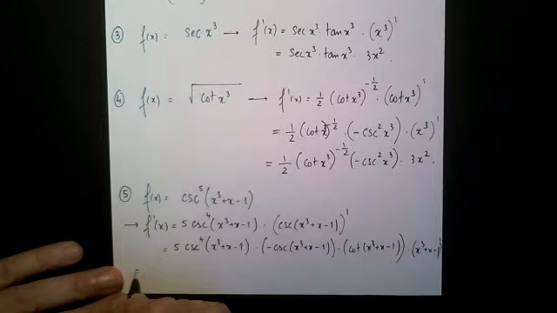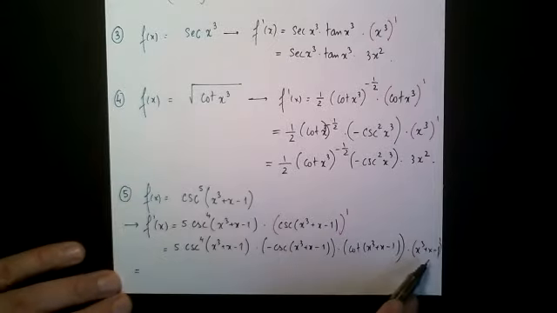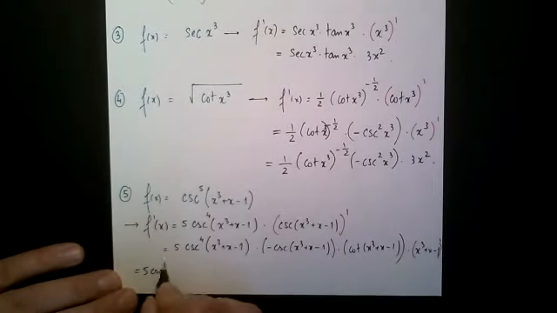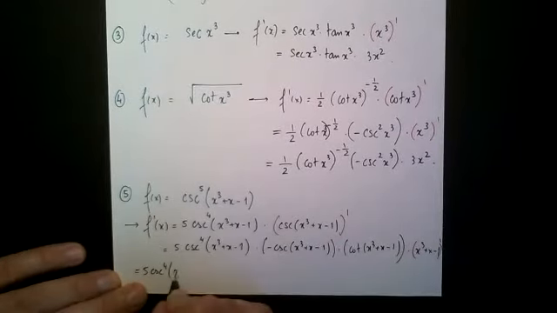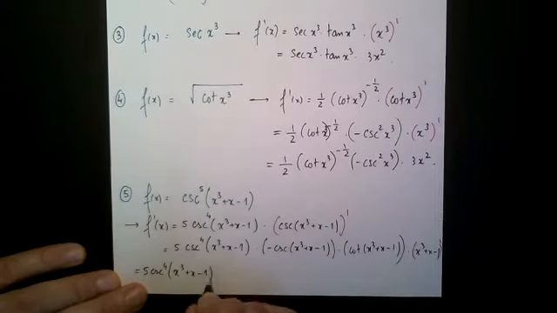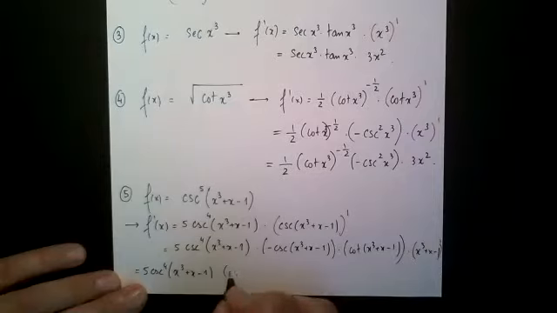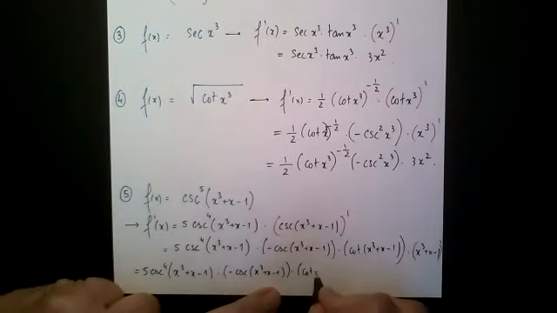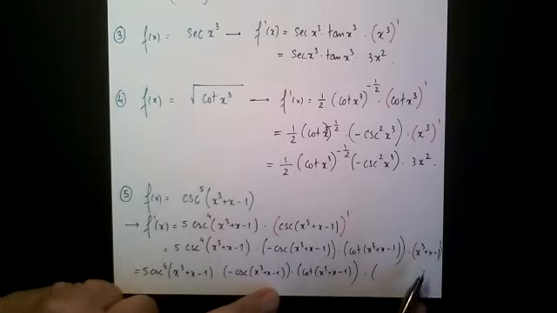Let's turn a bit closer here. And then I just need to derive this thing, which is very simple now. And all the rest I recopy. So it's 5 cosecant^4 of x^3 plus x minus 1 times negative cosecant of x^3 plus x minus 1 times cotangent of x^3 plus x minus 1 times, and now this is 3x^2 plus 1.